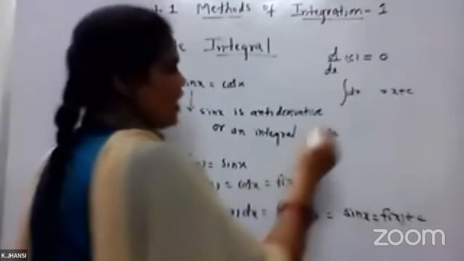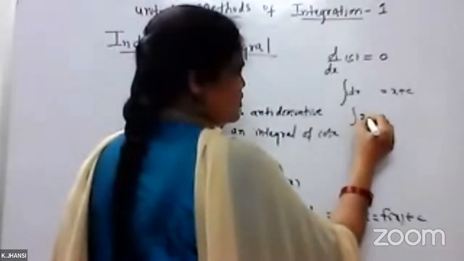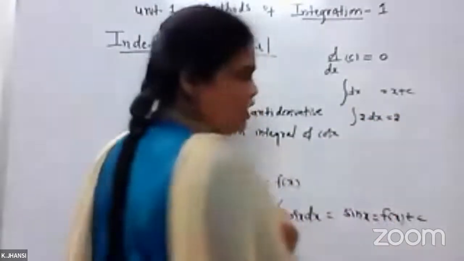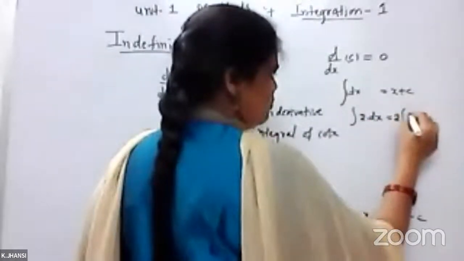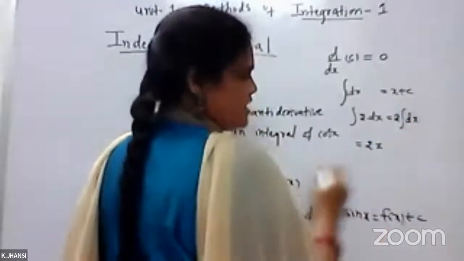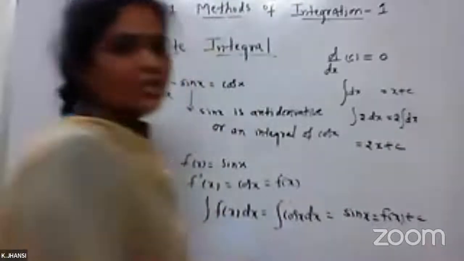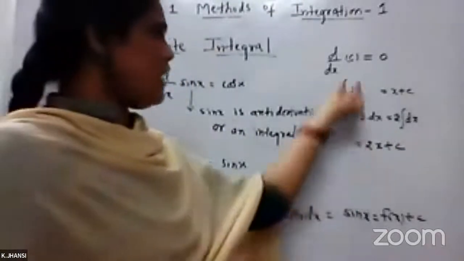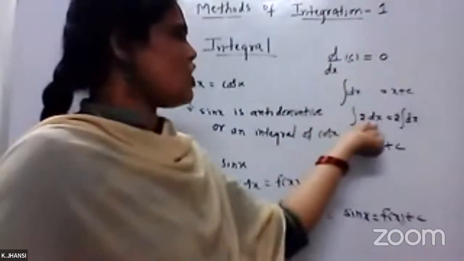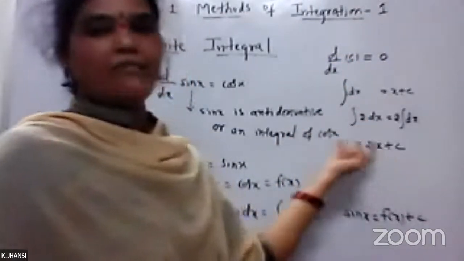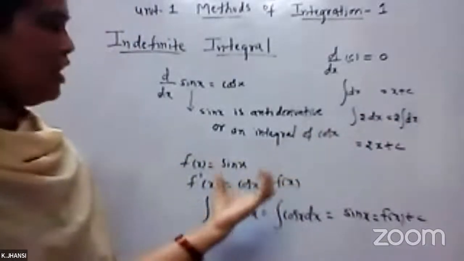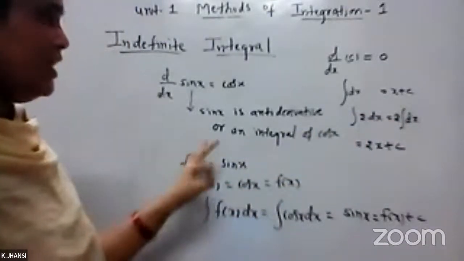If you have 2, integration of 2 into dx, we can write it like this: take 2 outside as a constant, into dx. So it equals 2 into x plus the constant of integration. Differentiation of a constant term is 0, but integration of a constant term gives the variable with respect to which you are integrating.